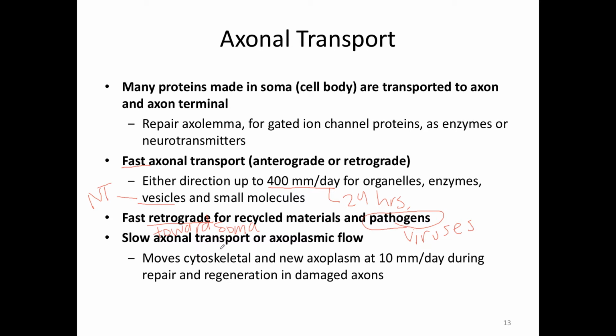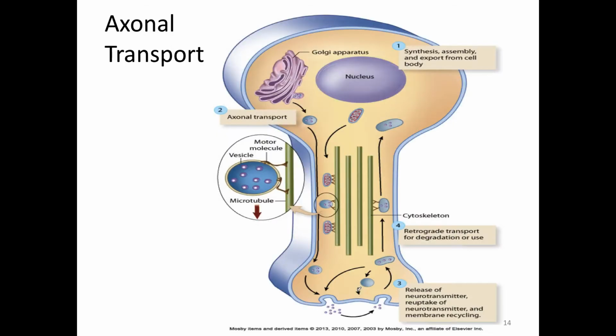Slow axonal transport is also called axoplasmic flow. So the axoplasm is the cytoplasm in the axon. And this moves cytoskeletal elements and new axoplasm down at about 10 millimeters per day during repair and regeneration.